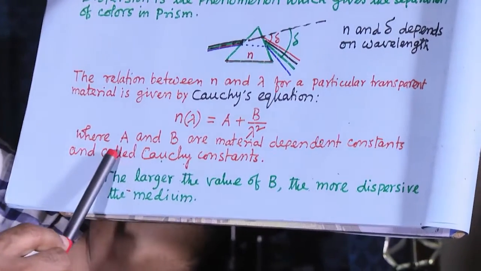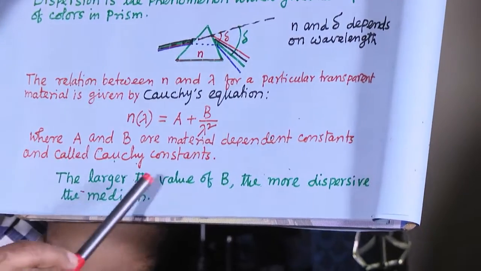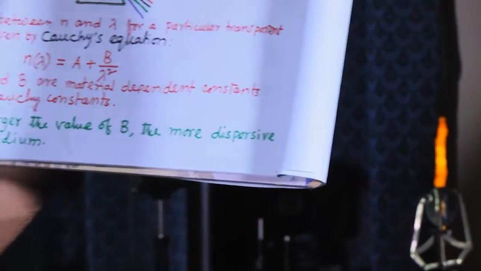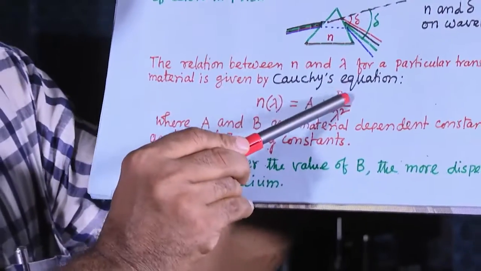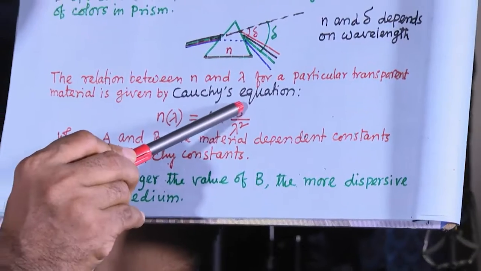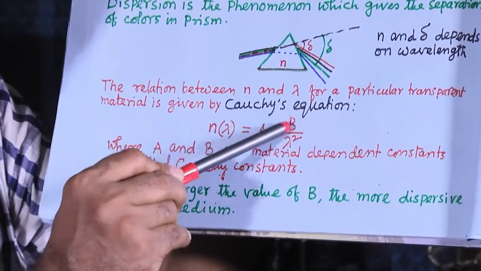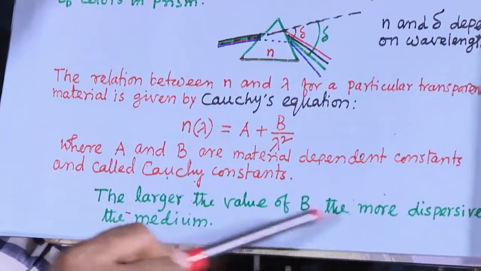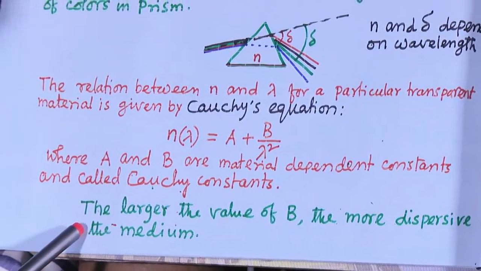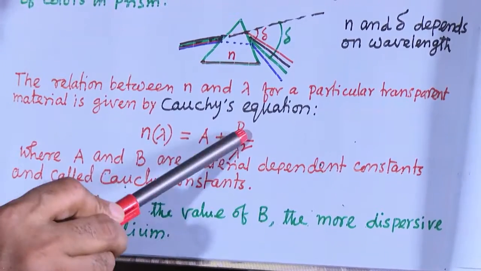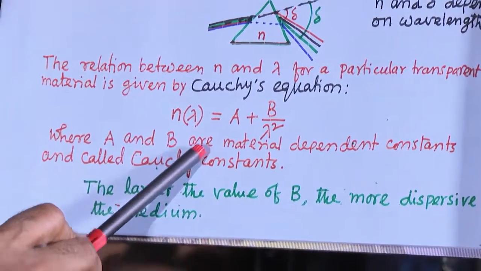And of course, the larger the value of B, what is the relation here? This is the constant A plus B by lambda square. If B is larger, then the dispersion of the medium will be more. So that is the importance of this constant of the material.